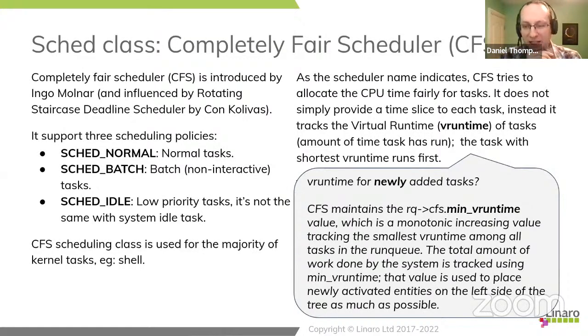So for newly added tasks and tasks that are made runnable after sleeping for very long periods, there's this concept called the minimum vruntime. The minimum vruntime is a monotonically increasing value that tracks the smallest vruntime among the tasks within a run queue.